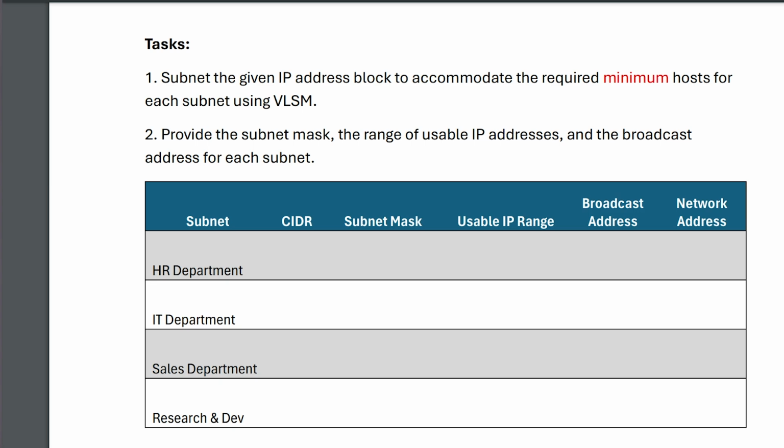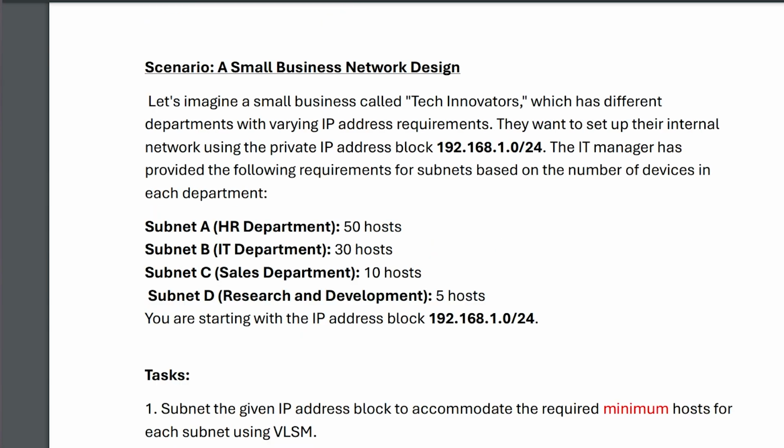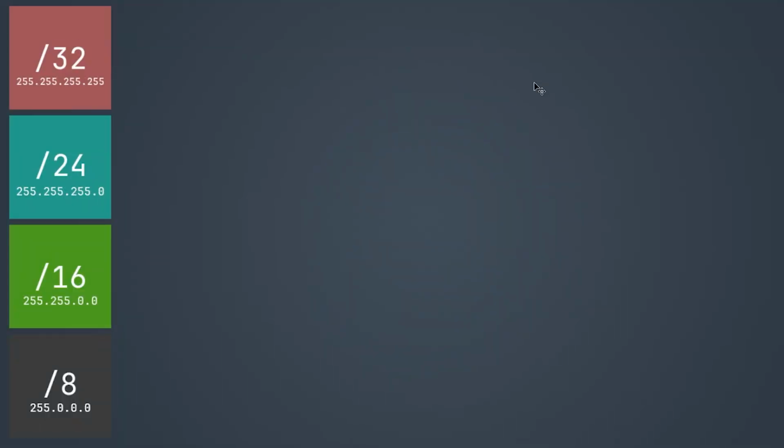So the way that I would tackle this problem is first by focusing on the department that has the largest amount of hosts. In this case, we have the HR department. It has 50 hosts, and so this would be our starting point, our reference. Basically, when you're doing a variable length subnetting problem, what it all boils down to is borrowing host bits. In this scenario, we were given the /24, so we're going to be working within a specific range.